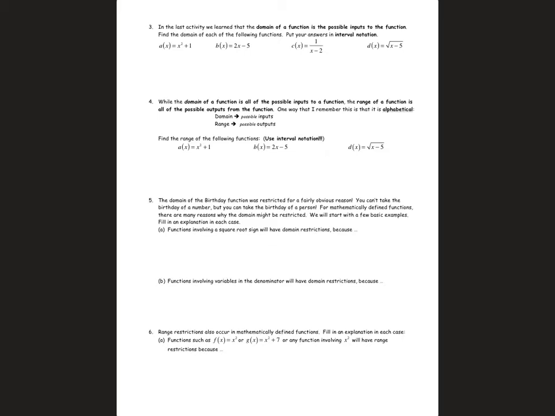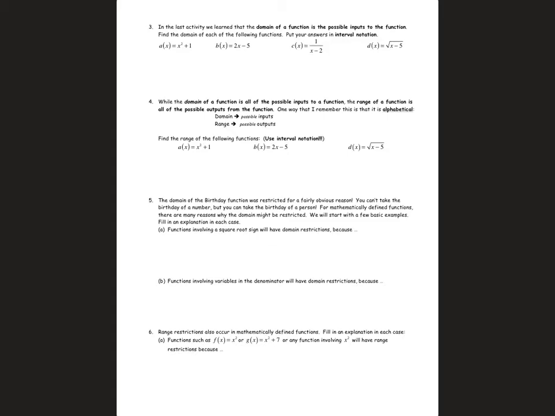Mathematically, you need to take the square root of 0 or a positive number. So whatever's under the square root has to be 0 or positive, and you can't divide by 0. Those are the two main things that we're talking about with domain thus far.